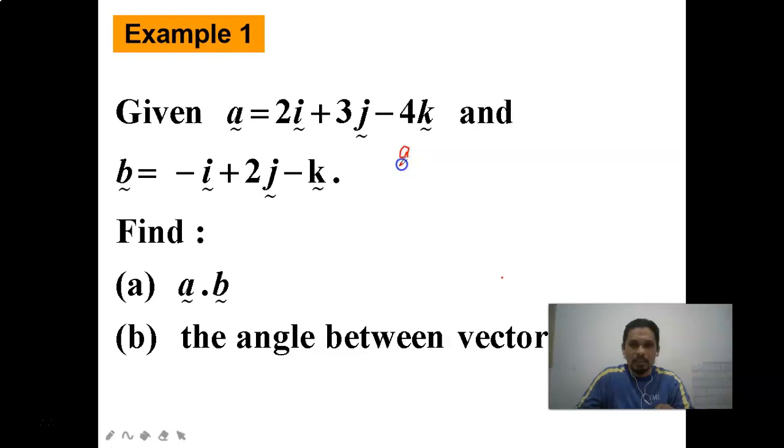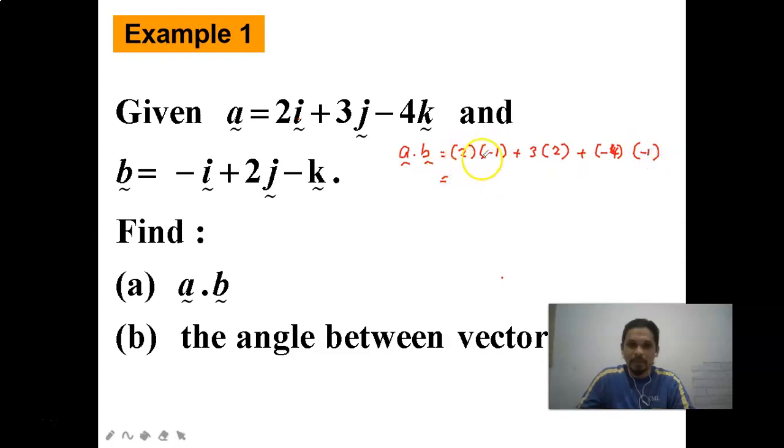A dot B equals the multiplication of the i components, 2 times negative 1, plus the j components, 3 times 2, and plus the k components, negative 4 times negative 1.